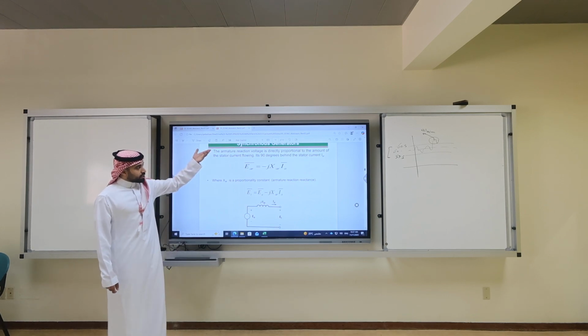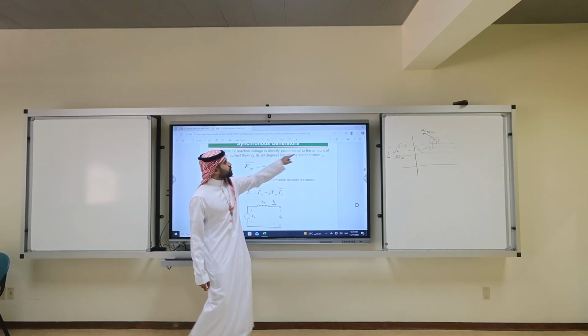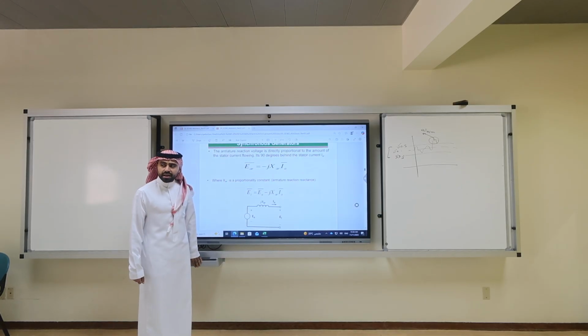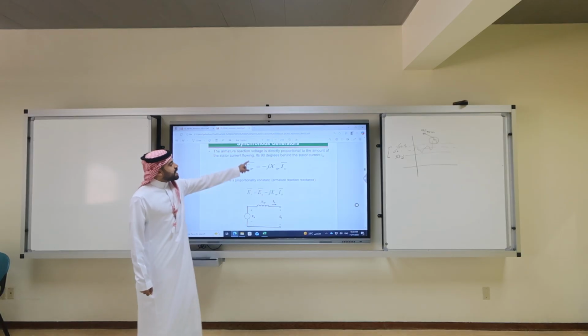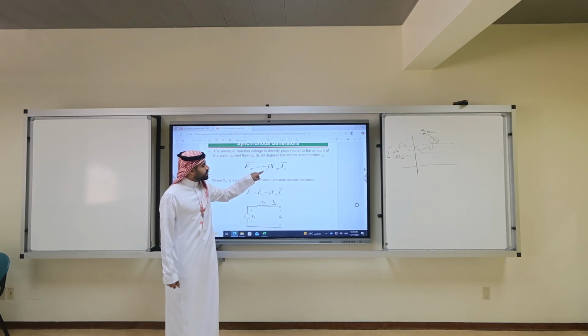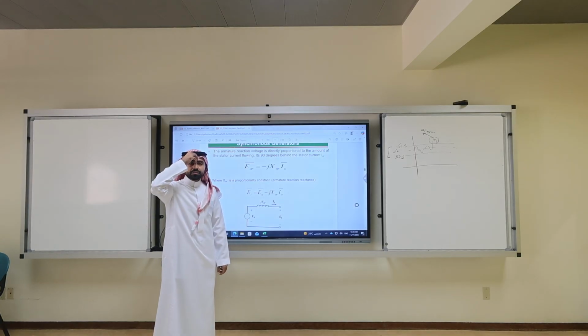So how do I model that? It is well known that this is directly proportional to the amount of the stator current flowing. What is the stator current? IA. The voltage is 90 degrees behind. Why 90 degrees? Because I multiply by minus J. If you use the calculator, what is J?